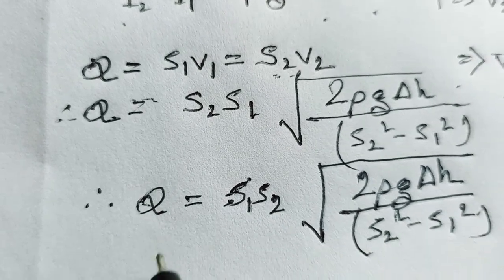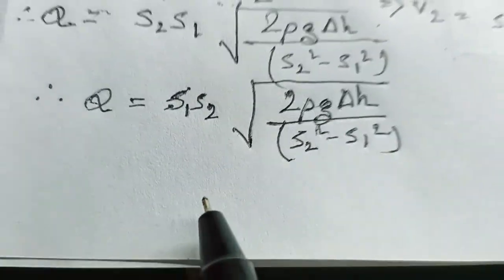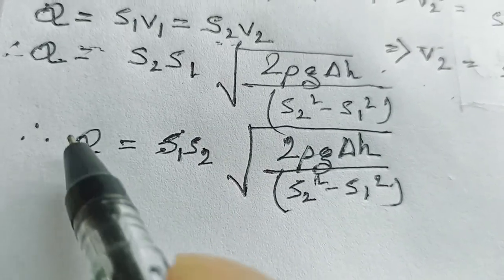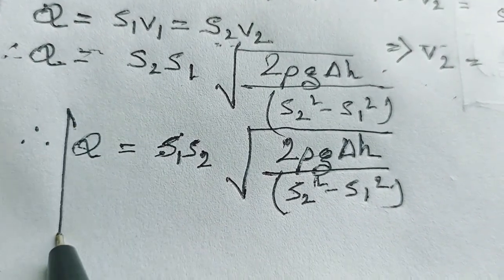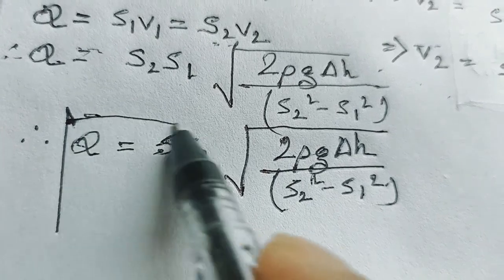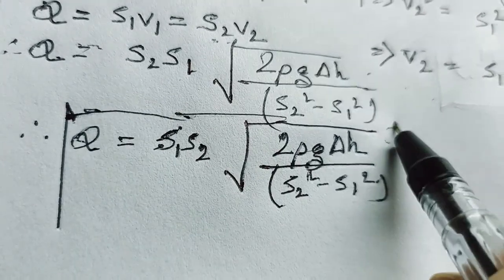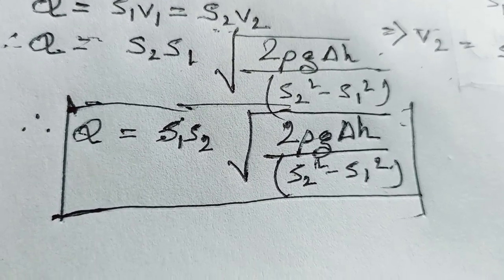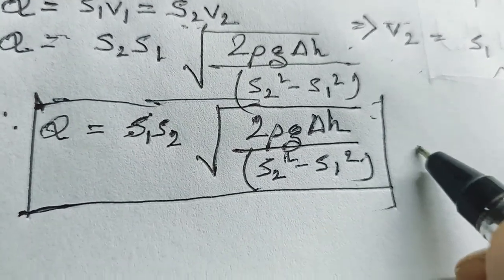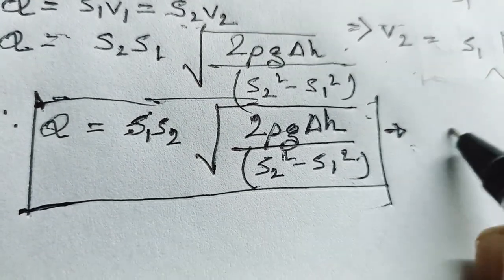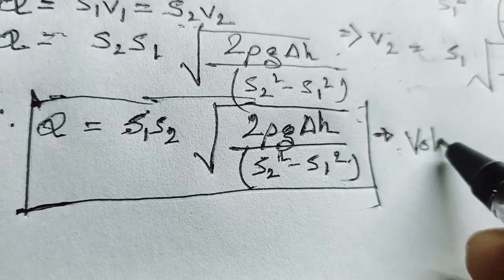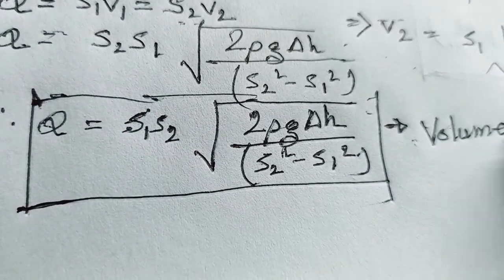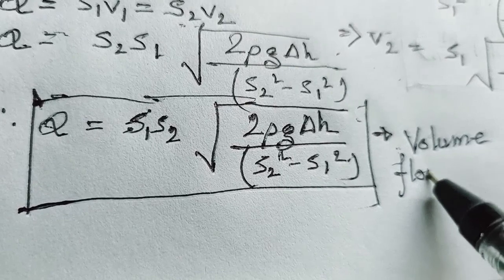So this is our final volume flow rate in the venturimeter.